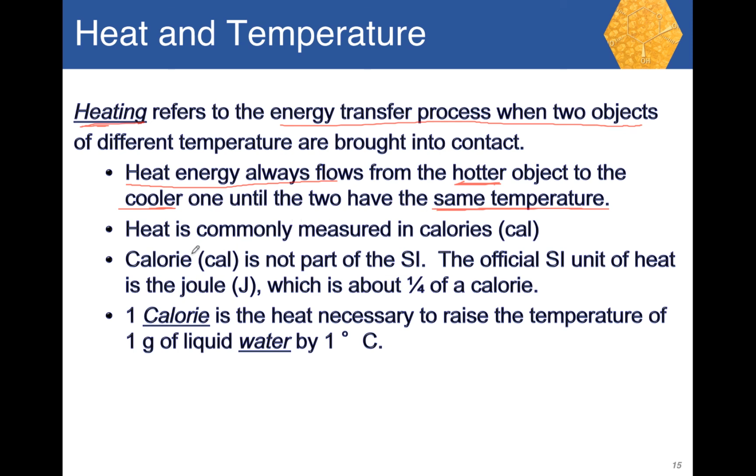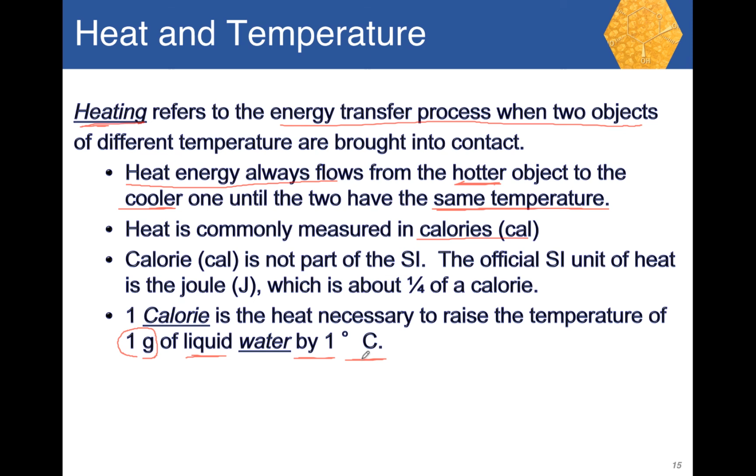Okay, heat is commonly measured in calories. So again, here will be our units. So how do we tell how much heat has been used up? We can tell based on the unit of calories. How do we define calorie? A calorie is the amount of heat necessary to raise the temperature of 1 gram of water by 1 degree Celsius.